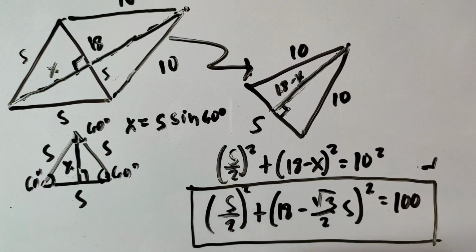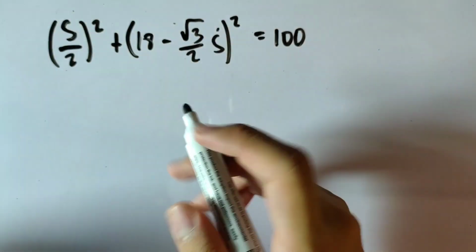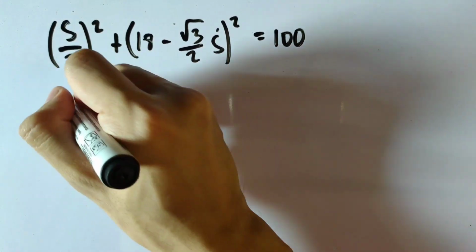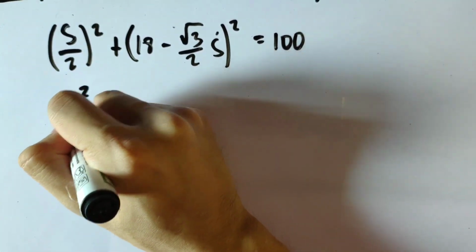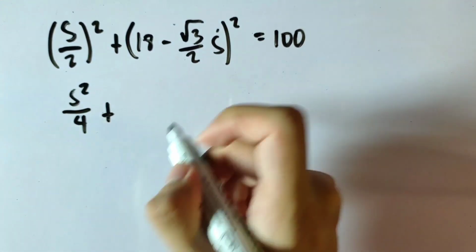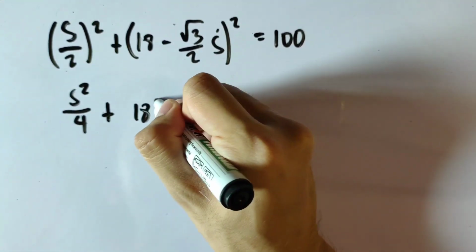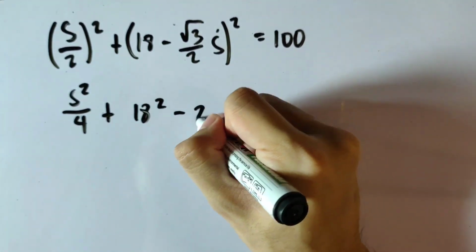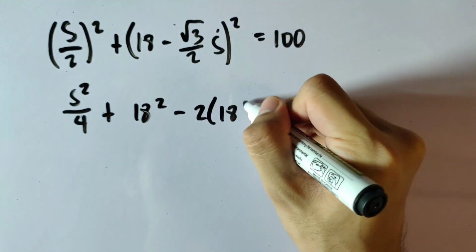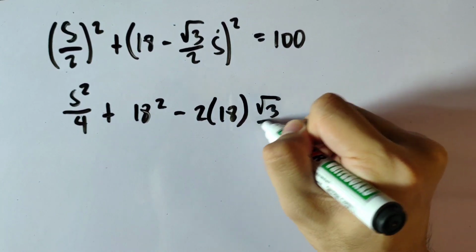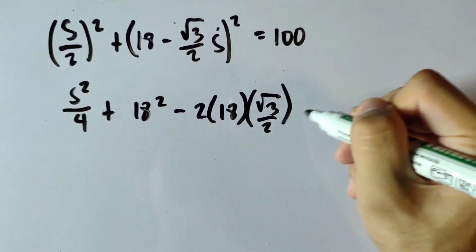So mag-erase muna tayo. Ito na equation natin. I-simplify natin to. So yung s over 2 squared is equal to s squared over 4. Plus ito. So i-square natin yan. Magiging 18 squared minus 2 times 18 times yung coefficient nito, which is square root of 3 over 2.